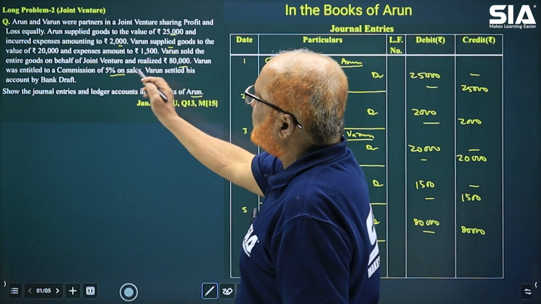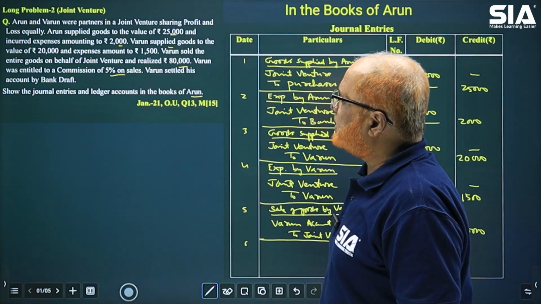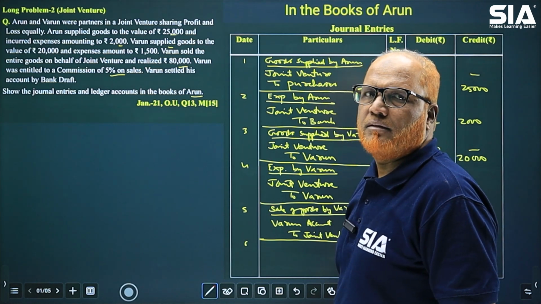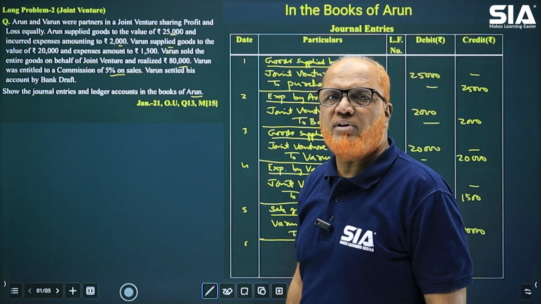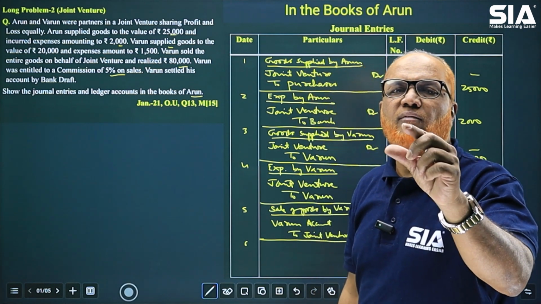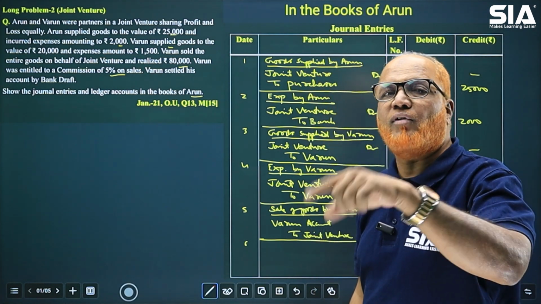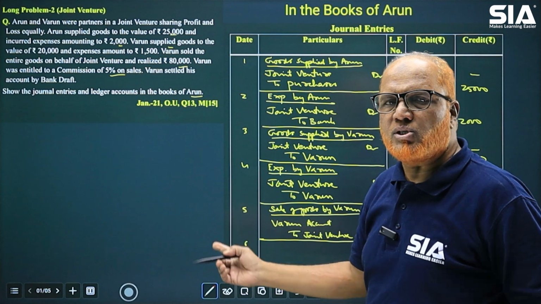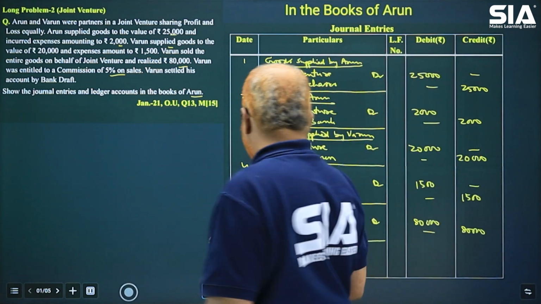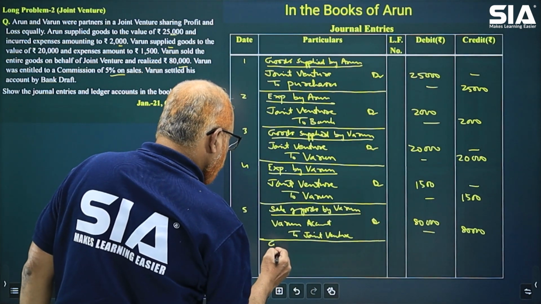Next, Varun is entitled to a commission of 5% on sales. This is an expense of the joint venture. The entry will be joint venture account debit to Varun account, because this commission is to be paid to Varun.